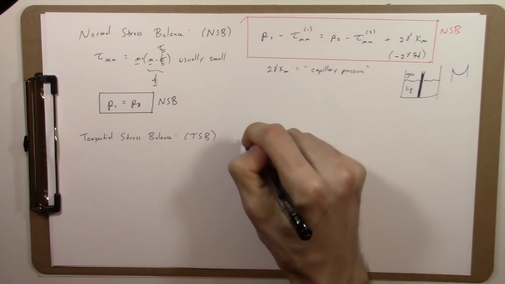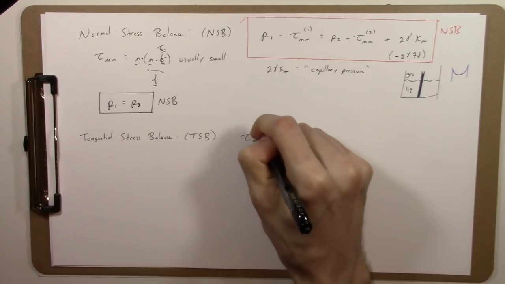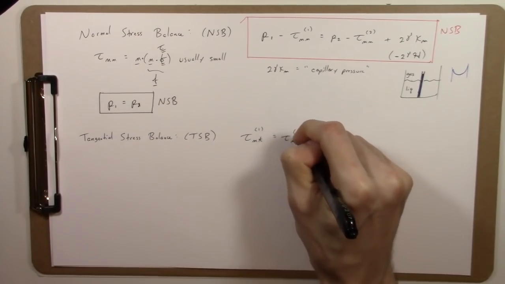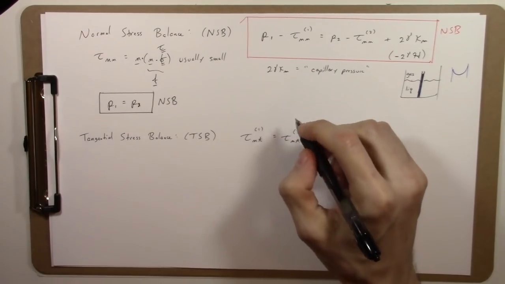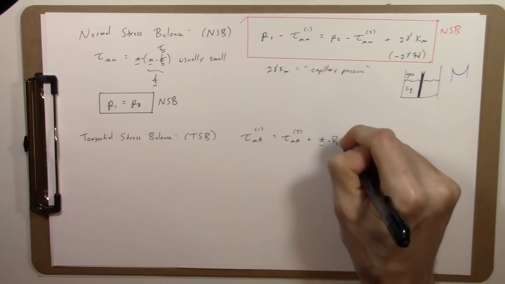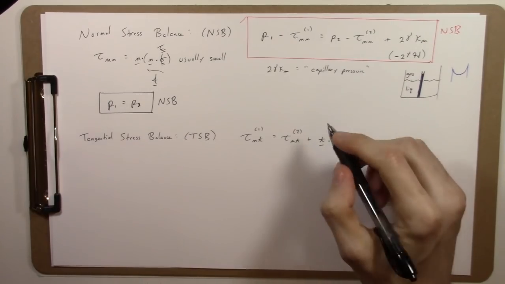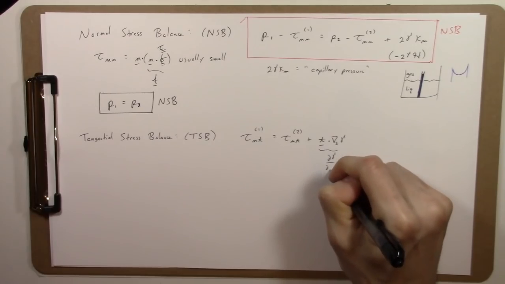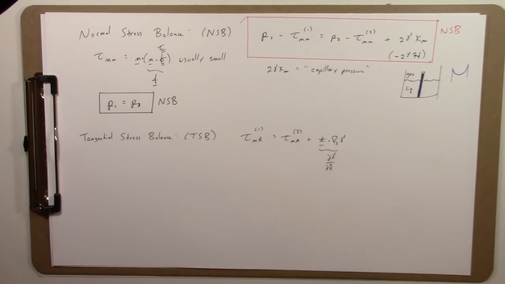And this will tell us that tau nt at 1 is equal to tau nt at 2 plus t dotted with del s gamma, which we can also write as d gamma d L hat, where L hat is the unit vector along the plane of the interface in the direction of the arc length.